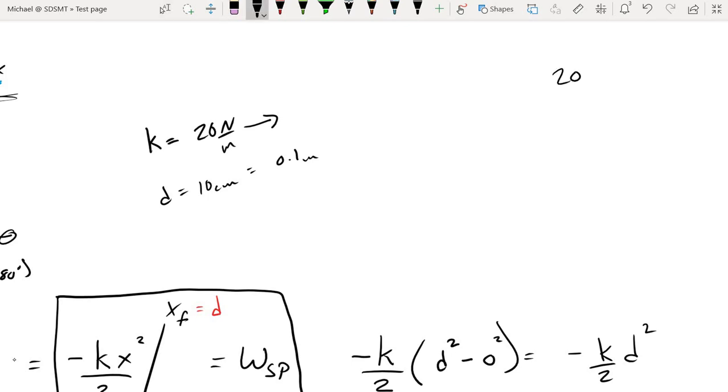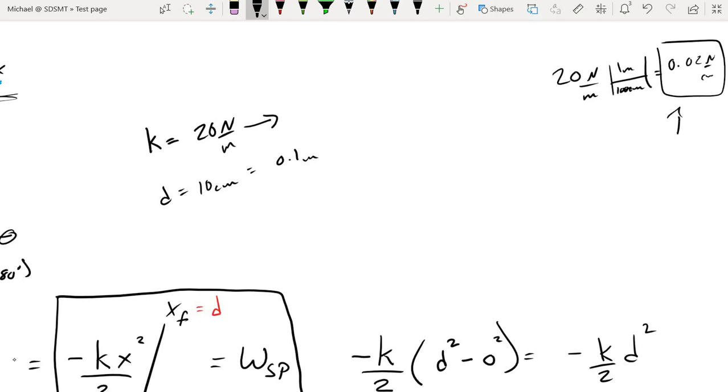So let's see, in that case, we would need to change, and that would give us 0.02 newtons per centimeter.